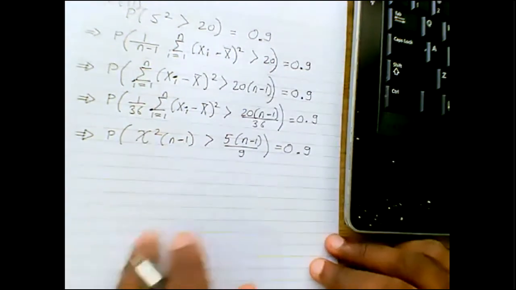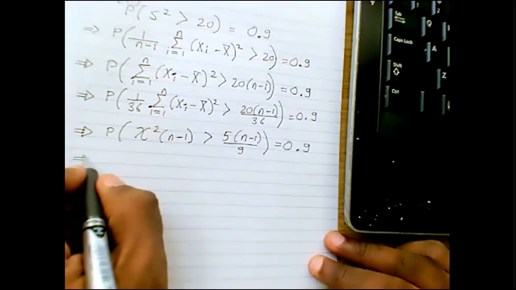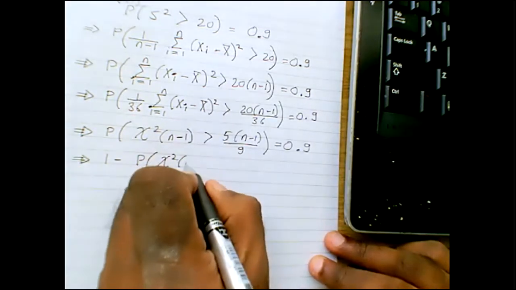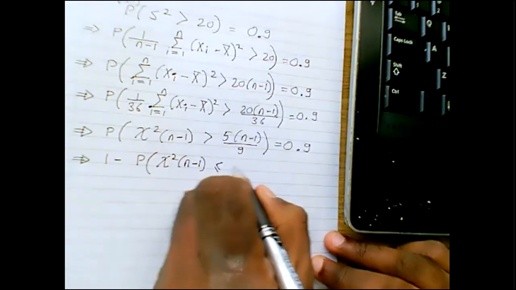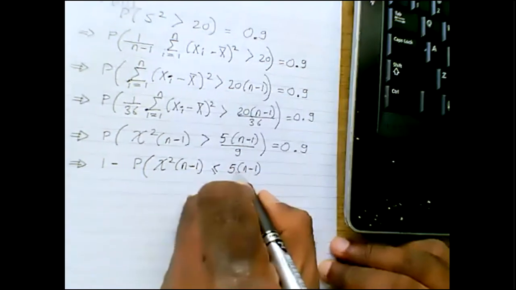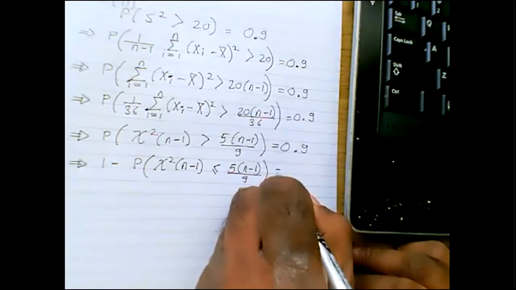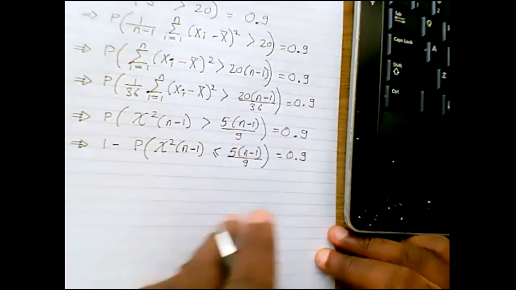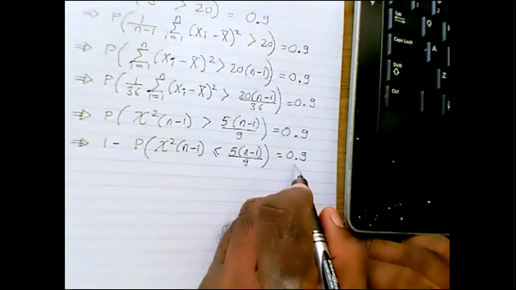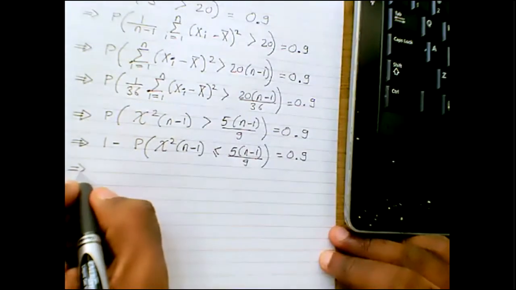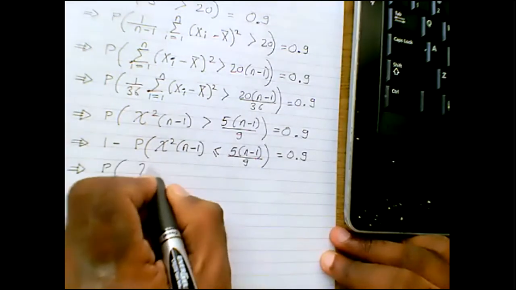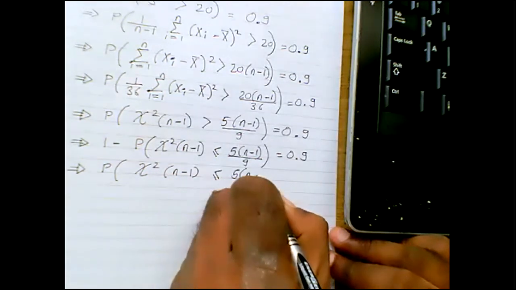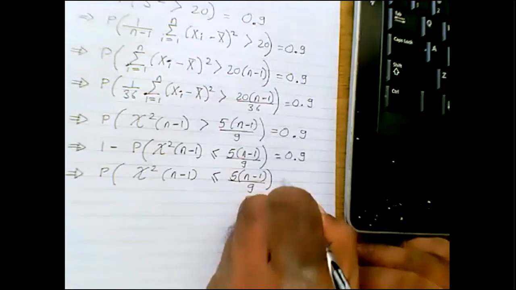Now this you can write as 1 minus the probability that chi-squared is less than or equal to 5 times n minus 1 divided by 9 equal to 0.9. All right, so if 1 minus this is equal to 0.9, then the probability that chi-squared n minus 1 is less than or equal to 5 times n minus 1 divided by 9 should be equal to 0.1.